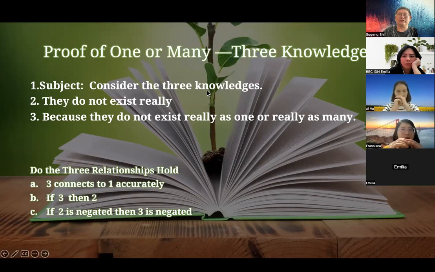So we say, consider the 3 knowledges. They do not exist really because they do not exist really as one and really as many. So this is the name, one or many. If they exist as one or as many, then they do not really exist.